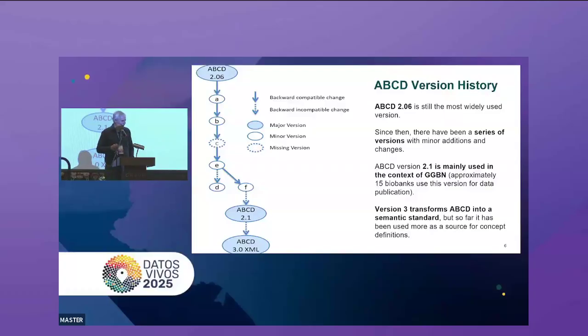And there are other branches and all kinds of versions created in the context of projects. But the major versions are ABCD 2.06, which is the most widely used version, as well as ABCD 2.1, which is used by the biobank community, and now also ABCD 3.0, which turned ABCD into a semantic standard.